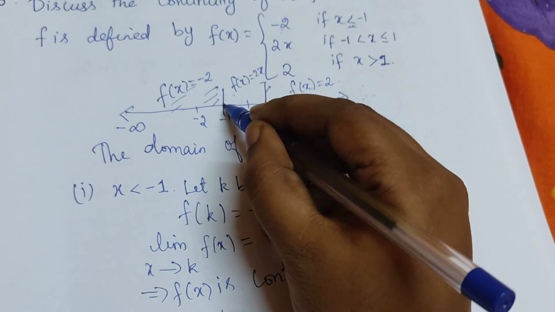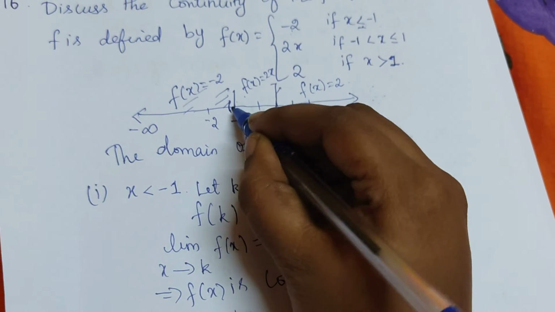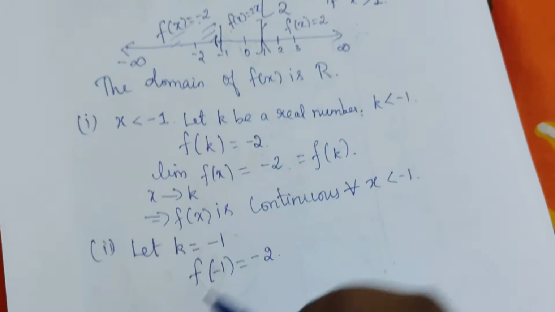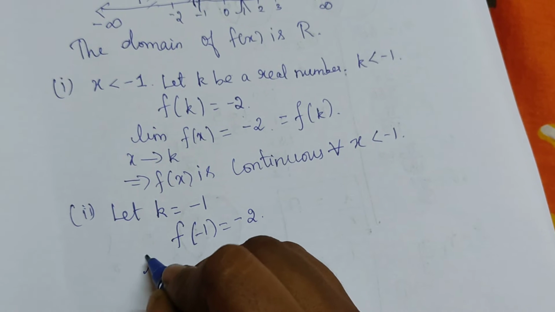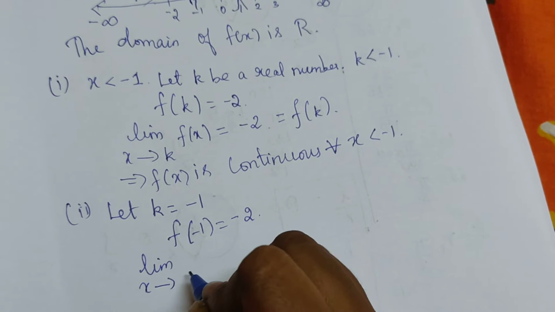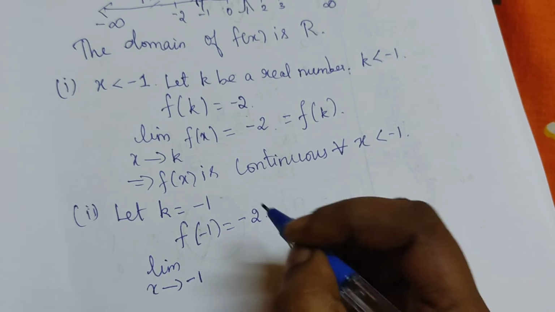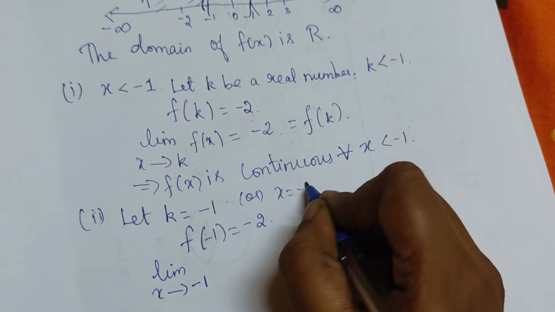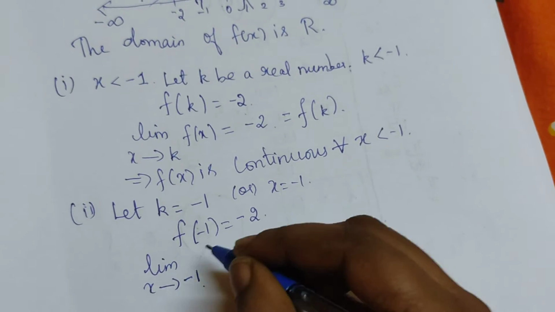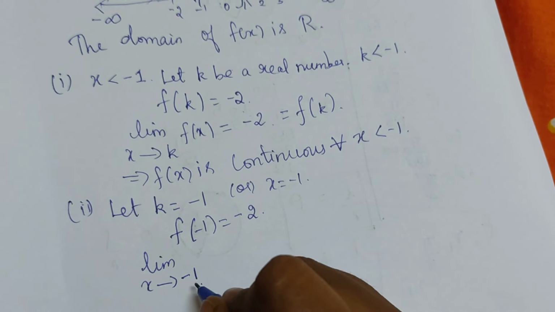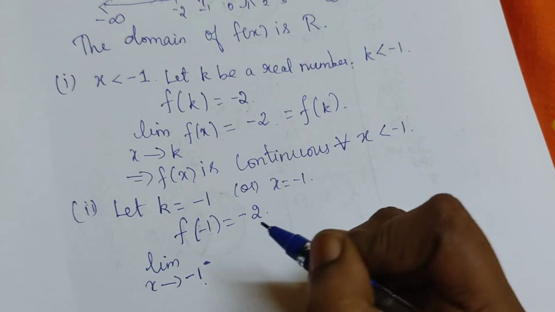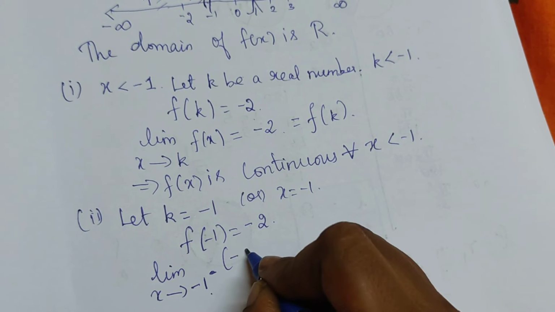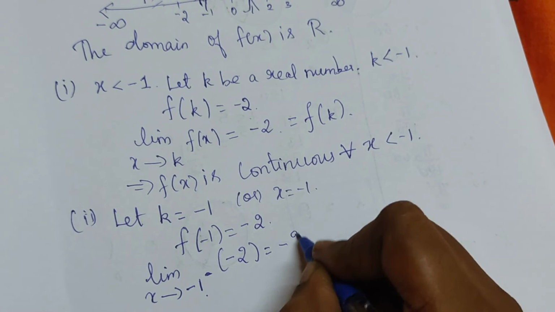In the left hand neighborhood of minus 1, the function has been defined as minus 2. So the left hand limit, x tends to minus 1 from the left, is going to be minus 2.